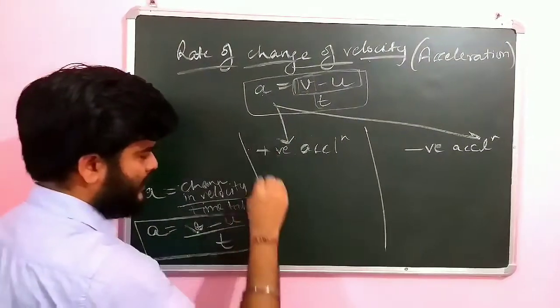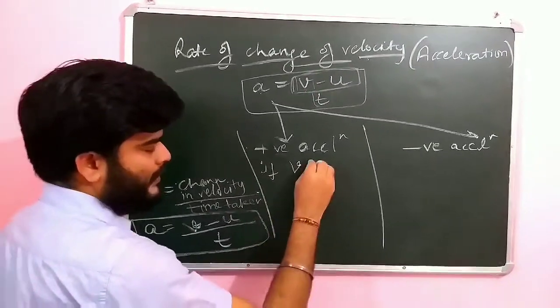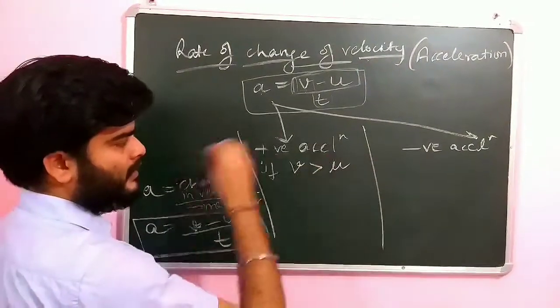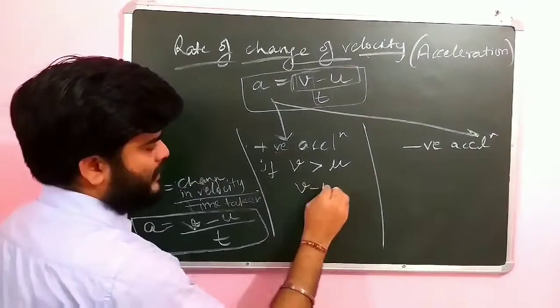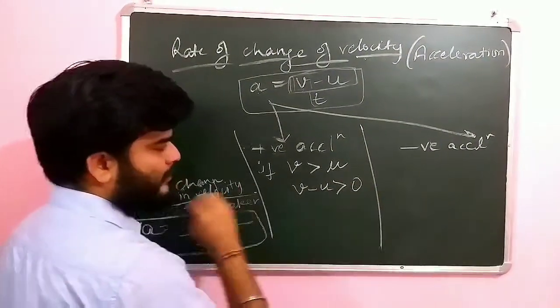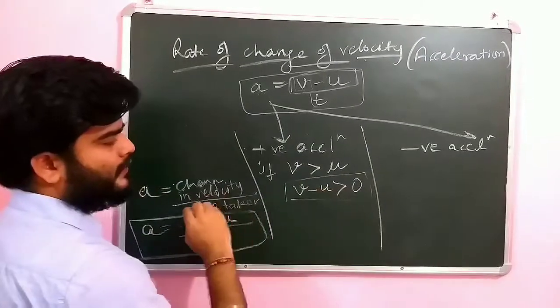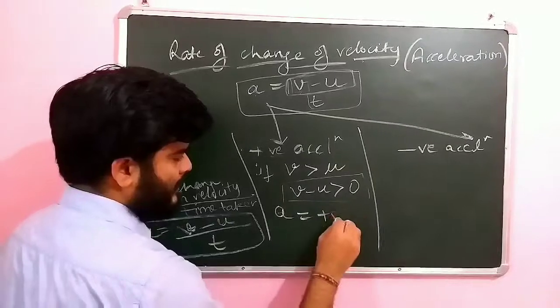So if v is greater than u, then v minus u will be greater than 0. It means this is positive, and if this is positive, then acceleration will be positive.